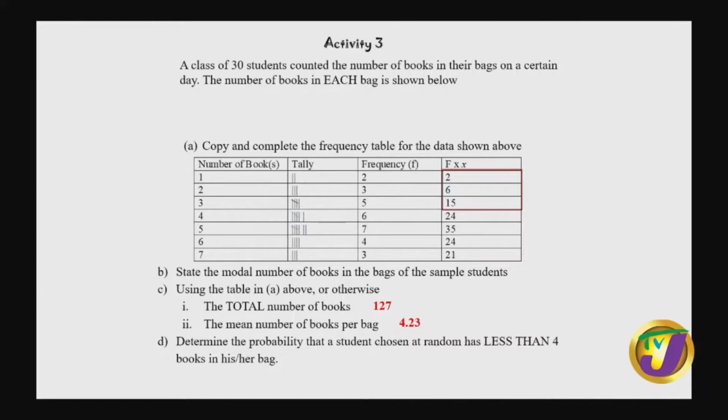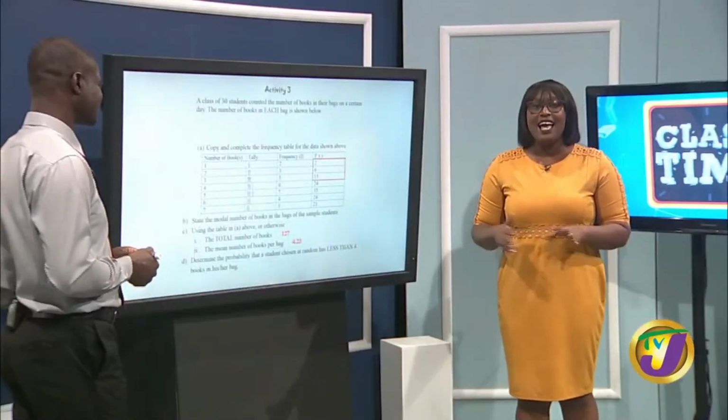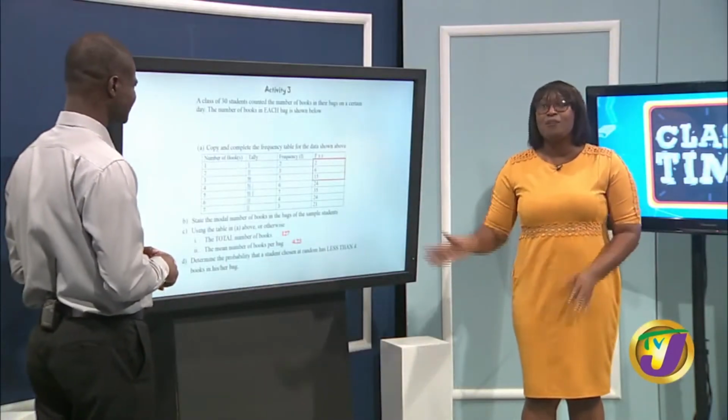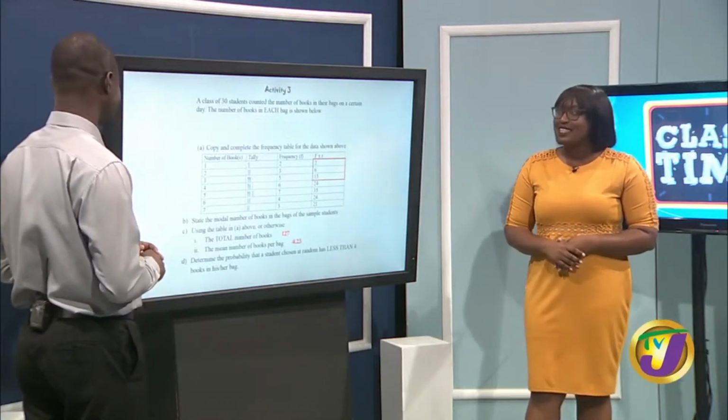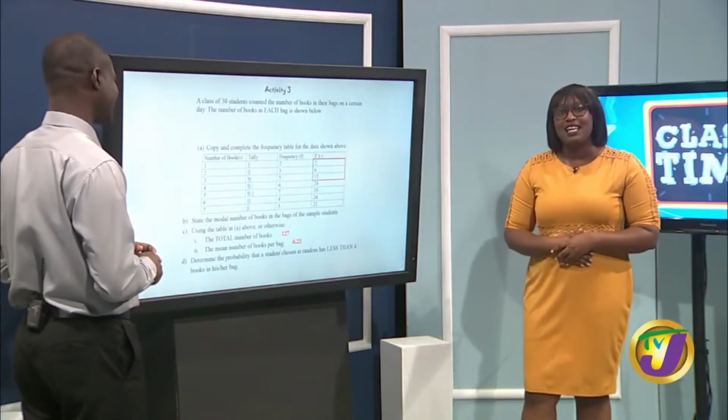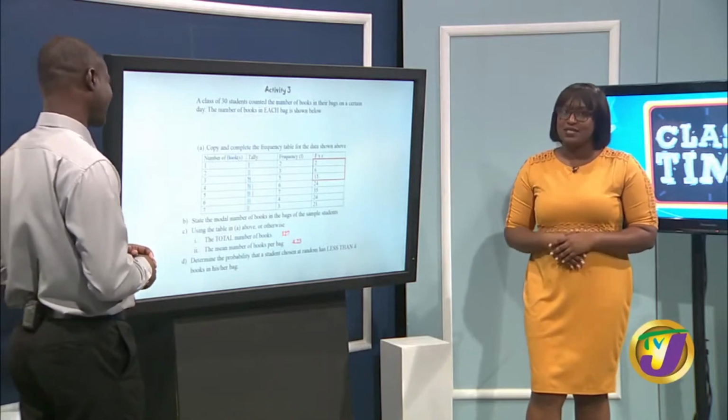Just by looking at the table, I can see that there would be 10 students. When you guys saw the word probability, you probably got a little scared and thought it was something out of the ordinary. But just by making an inference from the table, we could see that only 10 students had less than 4 books in their bags.